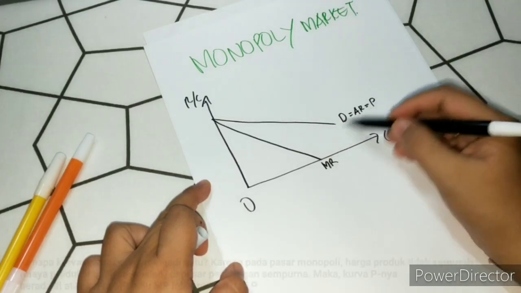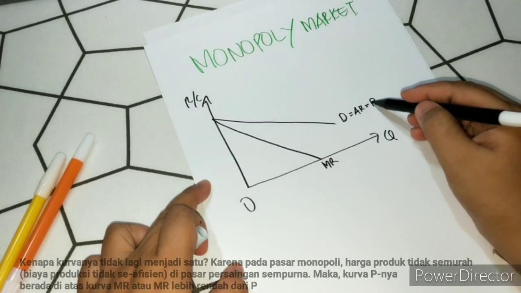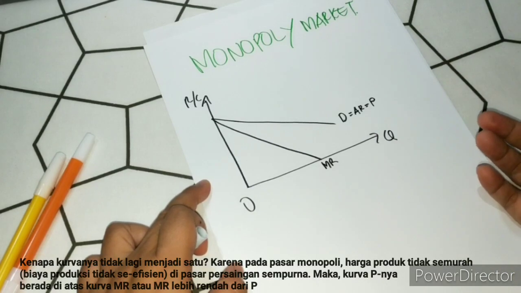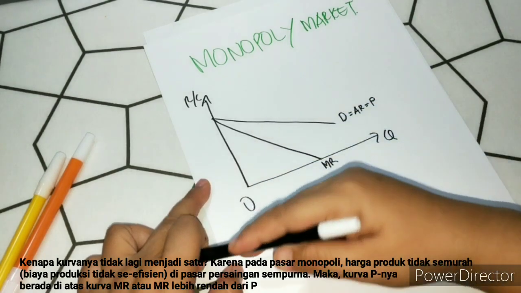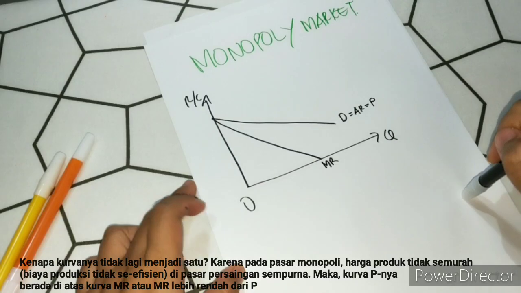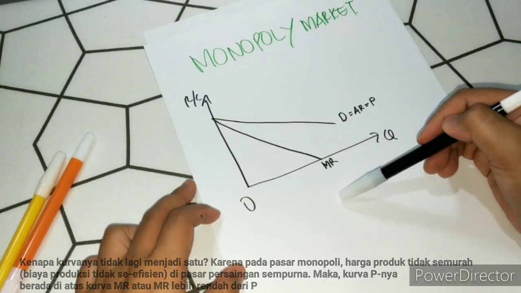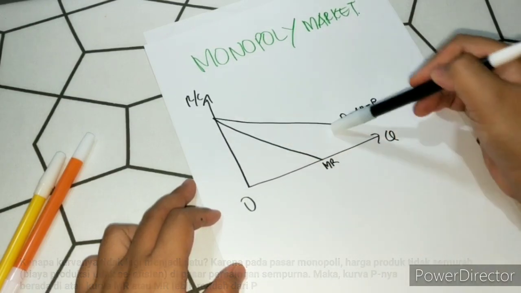So they are different. Why are they different? Because in the monopoly market the price is not as low as in the perfect competition market, and the cost is not minimized anymore. The cost is bigger than in the perfect competition market, so the marginal revenue will be less than the price, so they will have different curves.